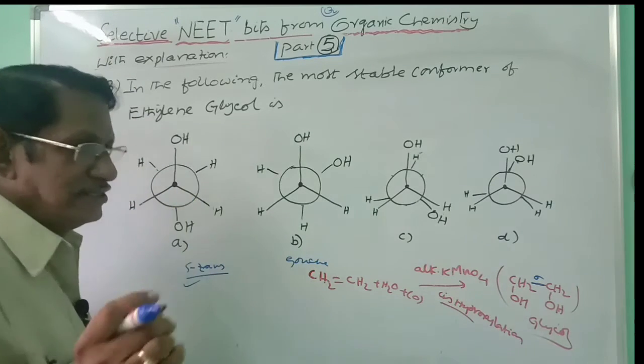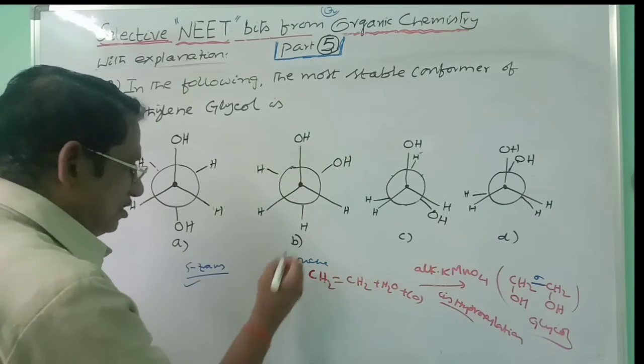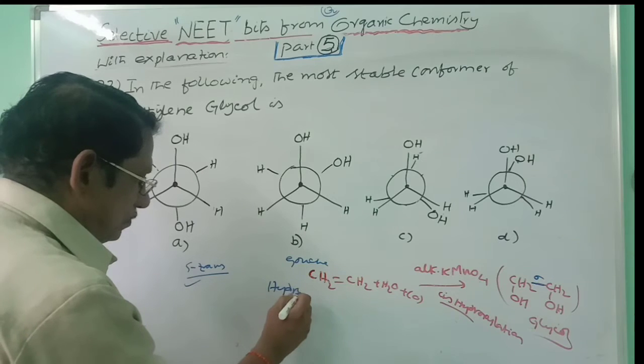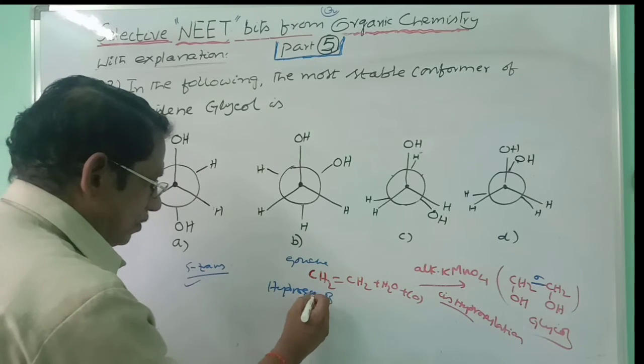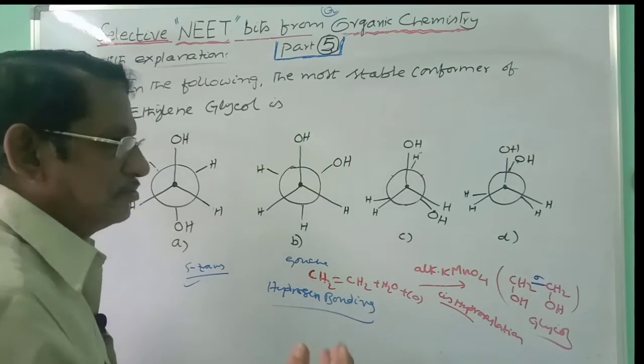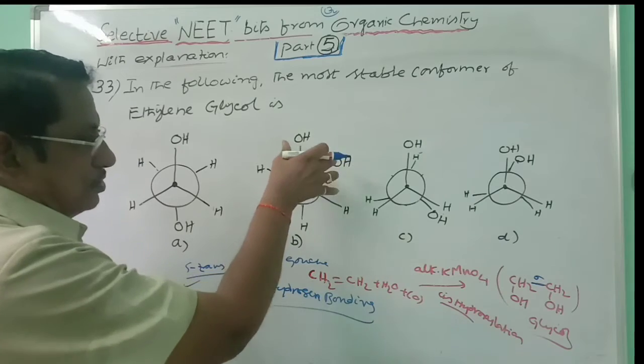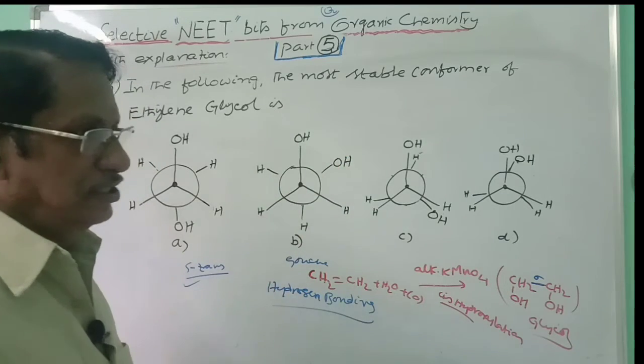Why is it so? The two OH groups are near each other, and so in this case, hydrogen bonding is possible. Due to the intramolecular hydrogen bonding between the two OH groups, this becomes the most stable one.